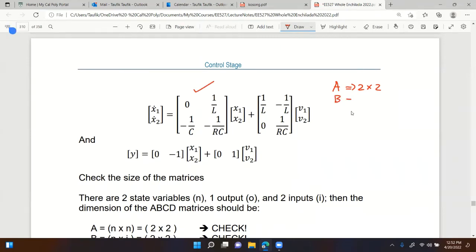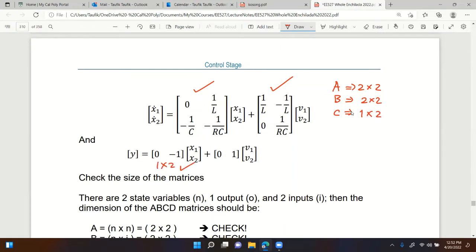B should be N by I, 2 by 2. Input is 2, yes, 2 by 2. Is that what I have? Yes, 2 by 2. And then C should be O by N. There's only one output, two state variables, 1 by 2. It is 1 by 2.